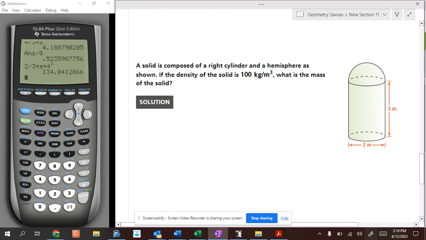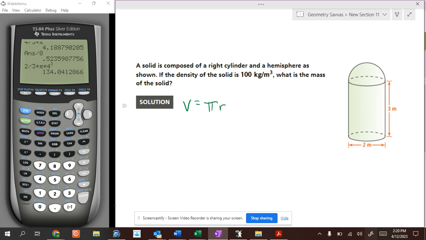Okay. So let's say we got some corn silage and we throw it in our silo here. And we fill up the silo all the way up to the tippy top of the silo. What is the mass of that corn silage in that silo? Well, let's see. To figure it out, the volume of the bottom part is a what? Cylinder.